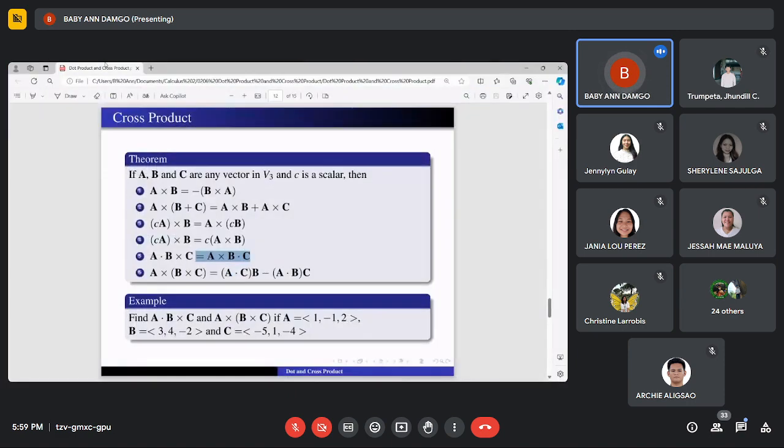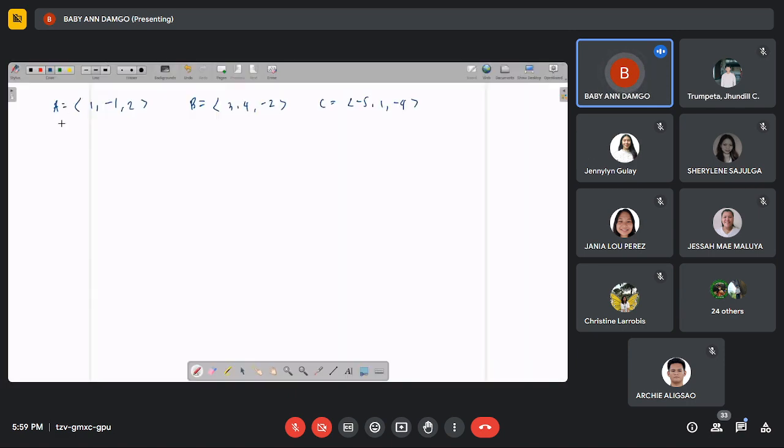Okay, so we have A cross B cross C. First we solve for this one, the B cross C. So this is equal to the determinant of I, J, K, 3, 4, negative 2, negative 5, 1, negative 4.